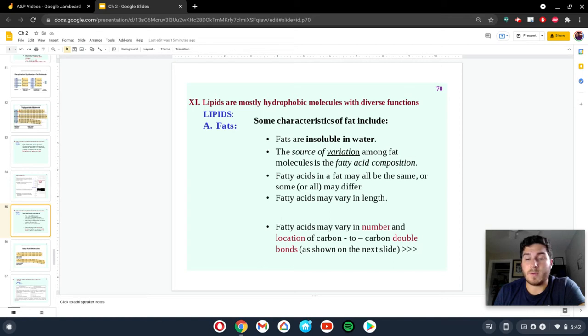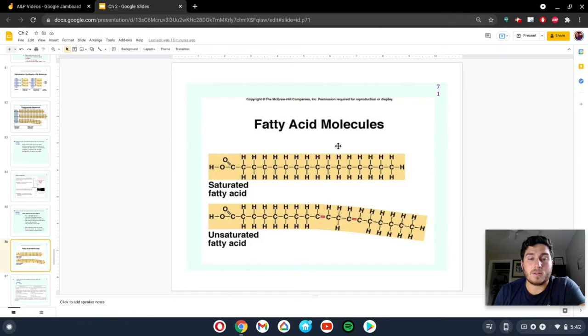It's not only just a number, but also the location of those carbon molecules. And the two that we typically talk about are our saturated fatty acids and our unsaturated fatty acids. We can go on and on about polyunsaturated, monounsaturated, and just keep going with that. But for this, we're just going to stick with saturated versus unsaturated.